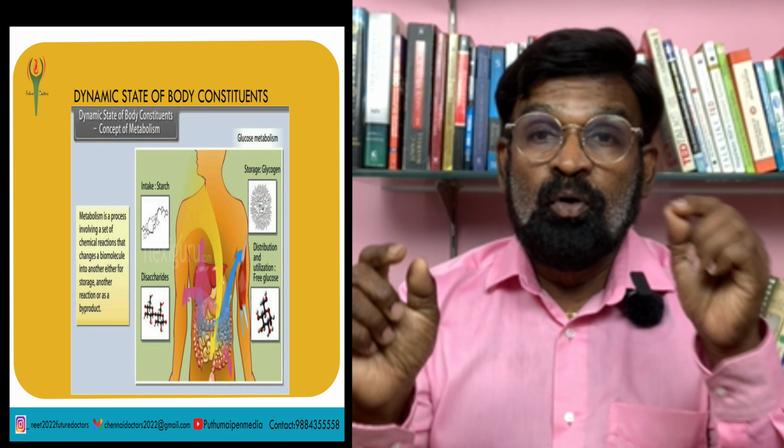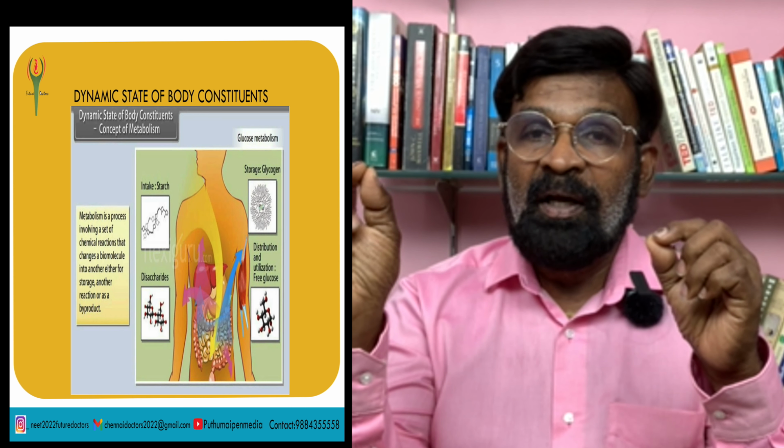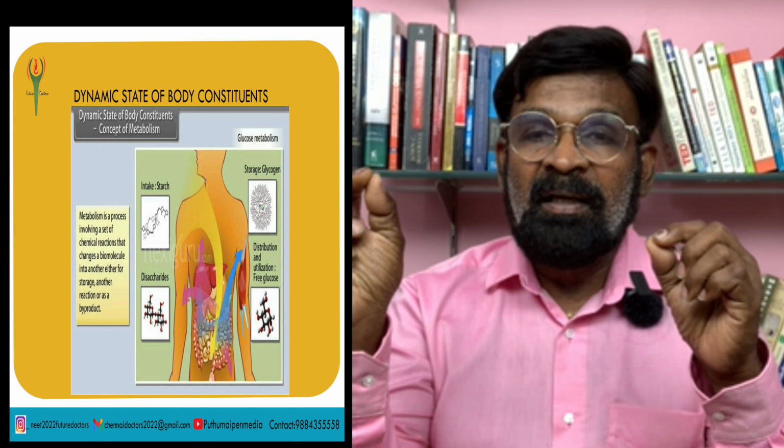The chemical reactions together are called metabolism: removal of carbon dioxide from an amino acid to form an amine, removal of an amino group in a nucleotide base, hydrolysis of the glycosidic bond in a disaccharide.